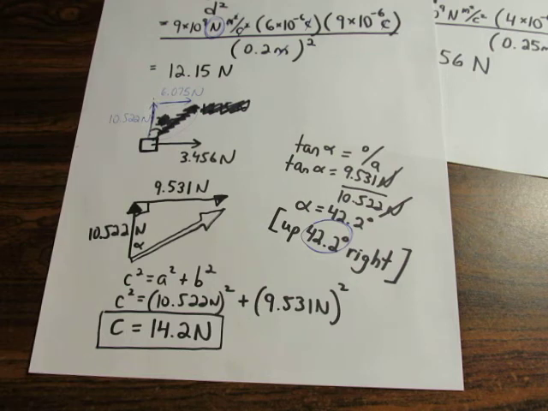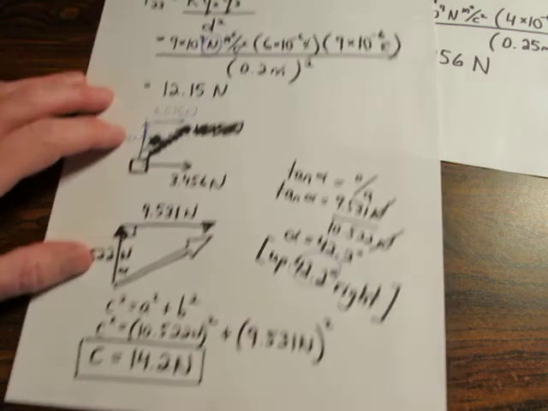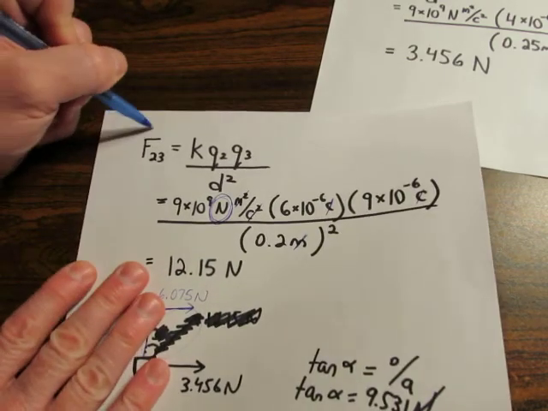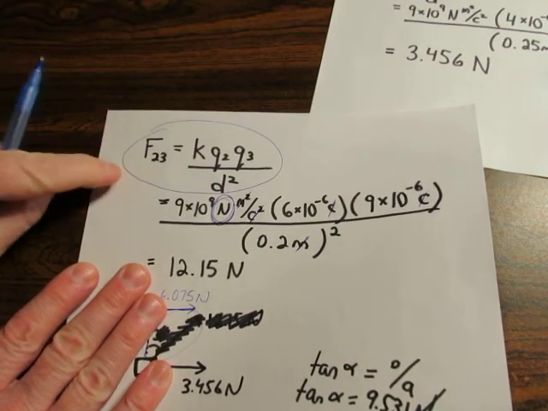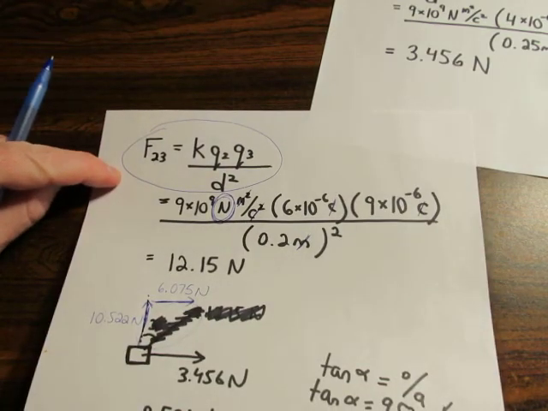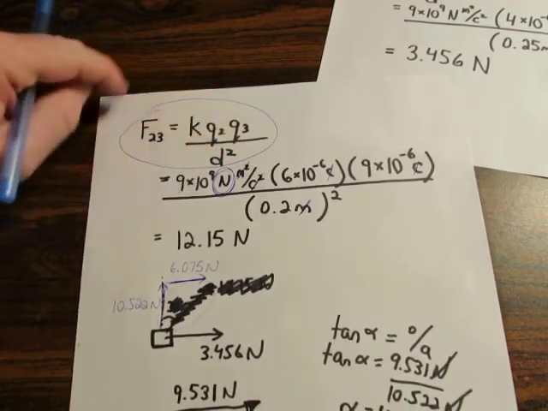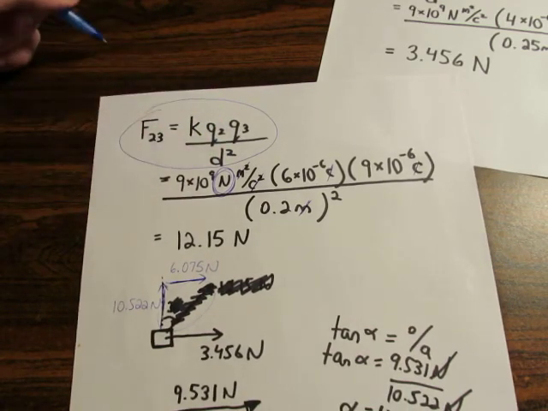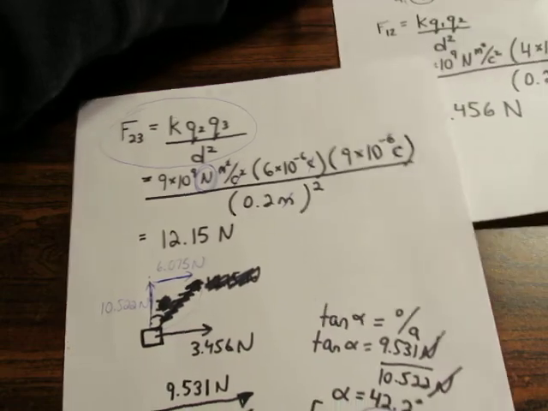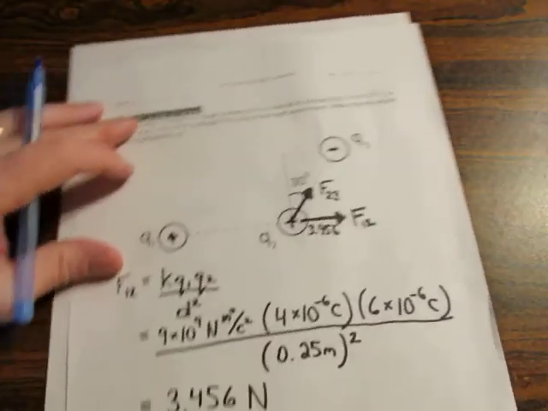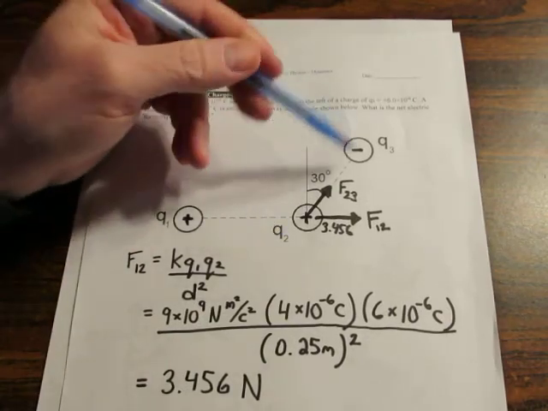If you're still listening, there are 4 questions for homework. The first 2 questions are not a system of charges like this one. The first 2 questions only deal with taking Coulomb's law and rearranging it to solve for other things in the formula. Question number 3 and question number 4 on the homework are systems of charges, but much easier than this one here.